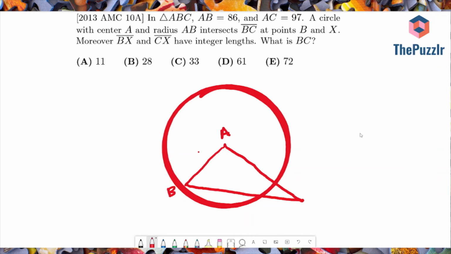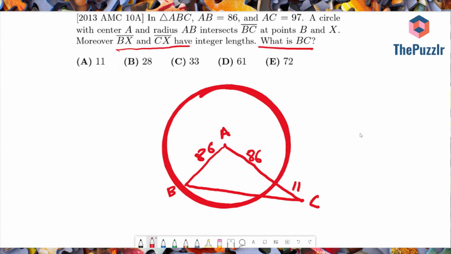And then we're given that AC is equal to 97, so we can put AC right here. So this should be 86, and then AC equals 97. So this is also 86, and this is 11. And we're asked, what is BC?